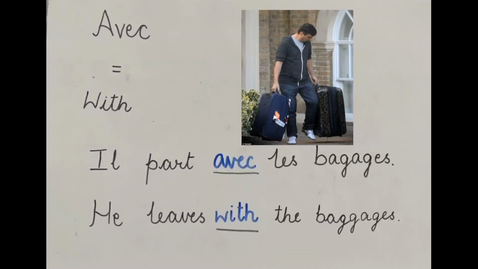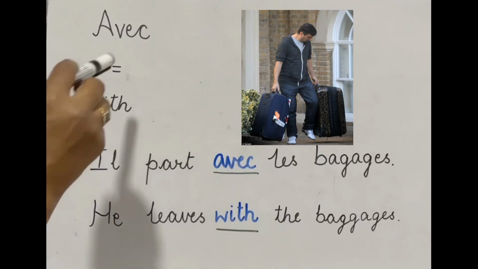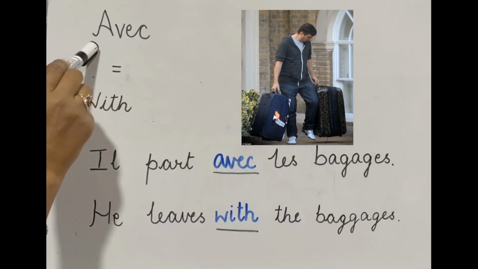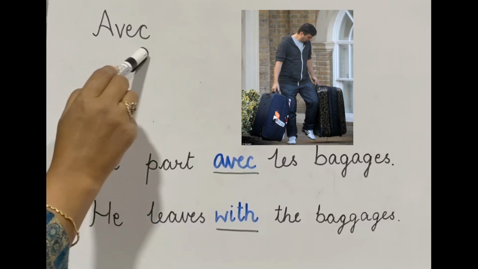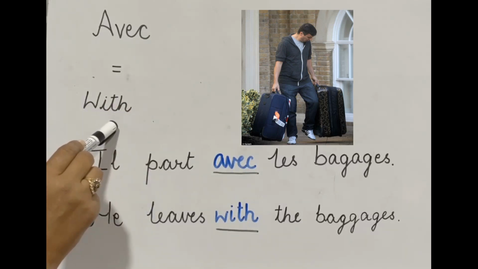Okay friends, in continuation to our previous video that was about prepositions, we are doing more prepositions in today's lesson. So the preposition which we are starting with is avec. Avec means with.